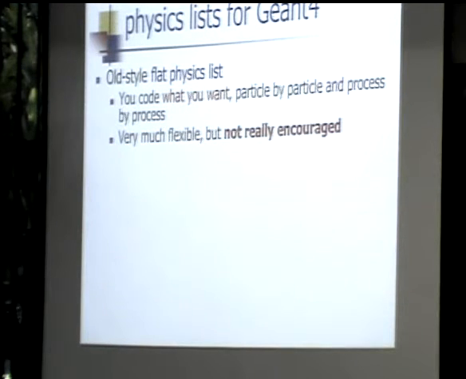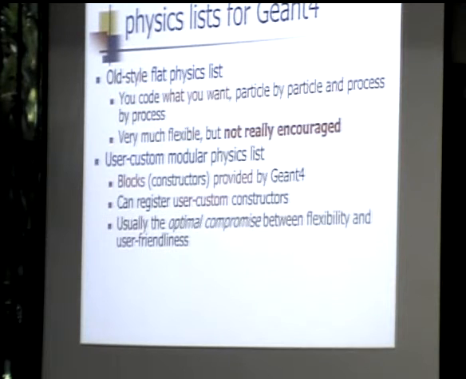Just to summarize, you have three kinds of physics lists. The old style, in which you have complete flexibility, but you really have to do everything by hand, putting all particles or processes one by one. It's still an option, it's very flexible, but this is not my choice, especially for new people. Then you have something in the middle, which is that you construct a physics list made out of blocks.